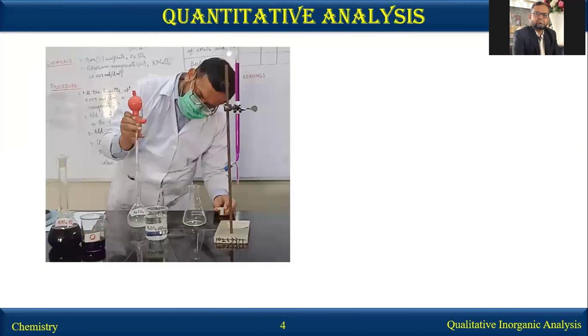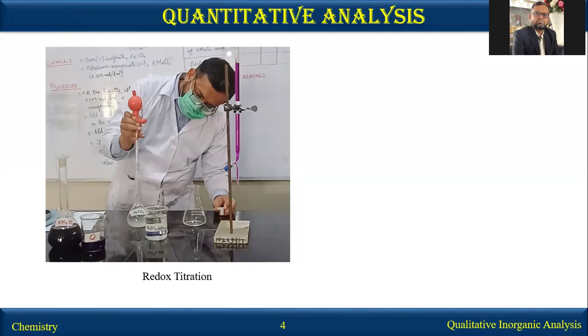Now, another term is quantitative analysis. Quantitative analysis you have performed at school level and in intermediate first year chemistry. Different types of titration. This is the redox titration. In titration, we determine the concentration of a solution whose concentration is unknown from the given concentration of the other component.